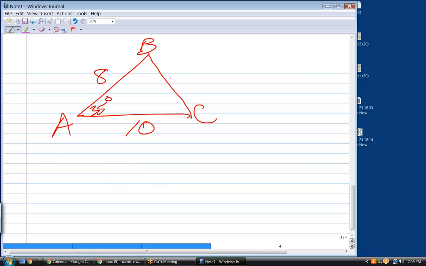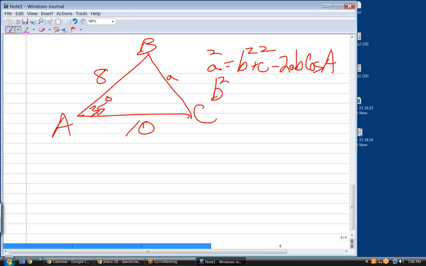And the law of cosines says that a squared equals b squared plus c squared, looks a lot like the Pythagorean theorem, minus 2bc cosine of capital A. And there's actually three laws of cosines because you never know which side you're solving for.